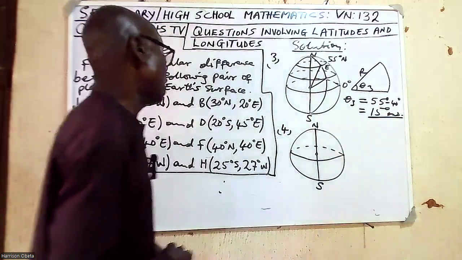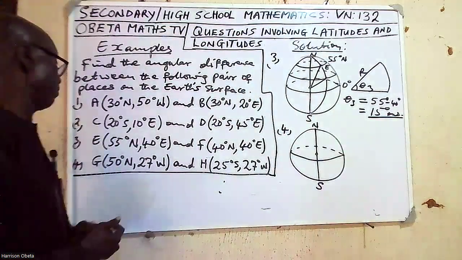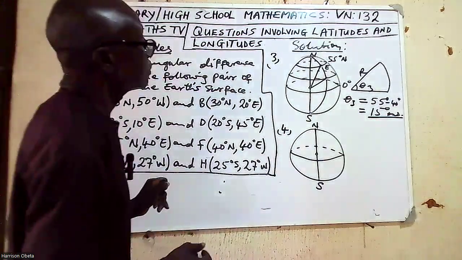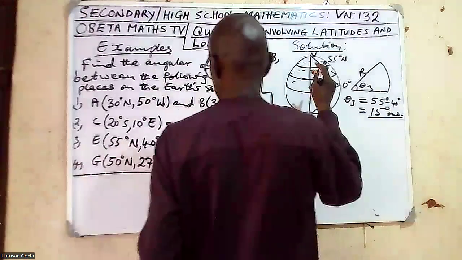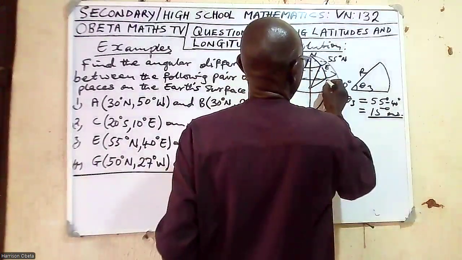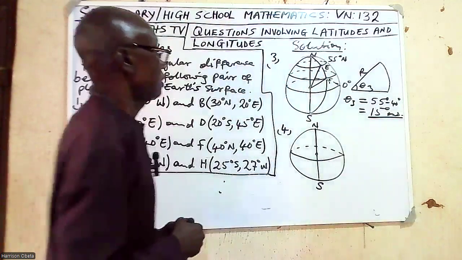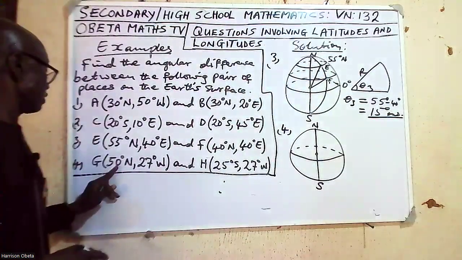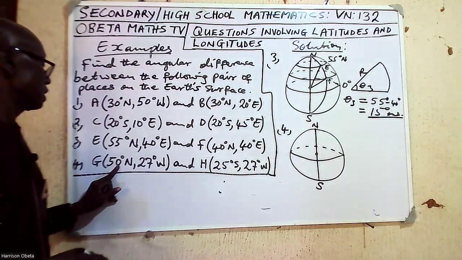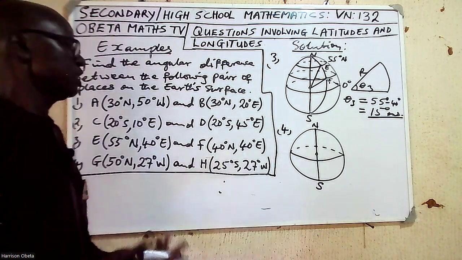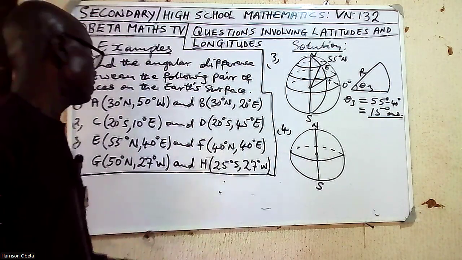Then the next thing is to locate the points. Now locate the point. This one is EF. Our F is supposed to be here. So this one is 50 degrees north, 27 degrees west. 27 degrees west. So the distance is along 27 degrees.